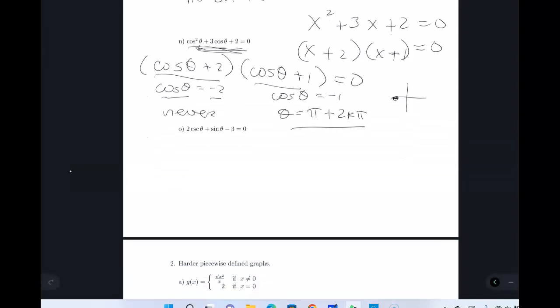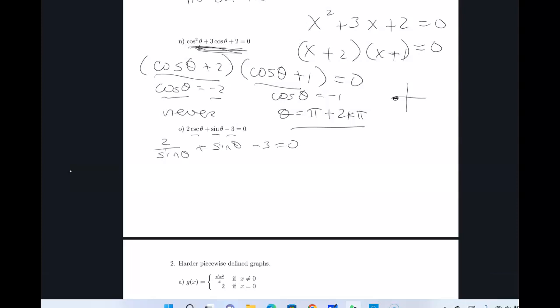Okay, let's look at this one. Ooh, so you'd think maybe with the trinomial it's similar to this, but it's not. We've got cosecant. So what do we do with cosecant? I always change it to sines and cosines. So let's rewrite it in terms of the sines.